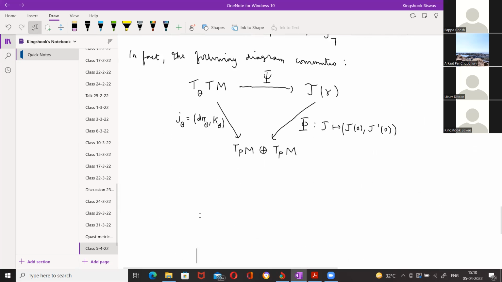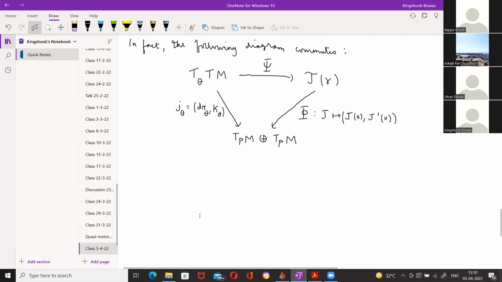Okay. And now, once we have this, we can also talk about the derivative of the geodesic flow in terms of Jacobi fields.